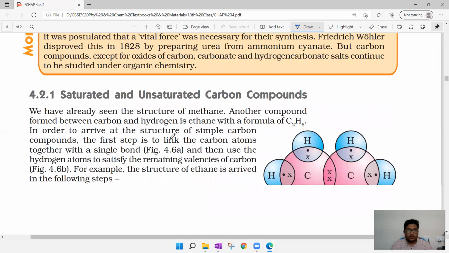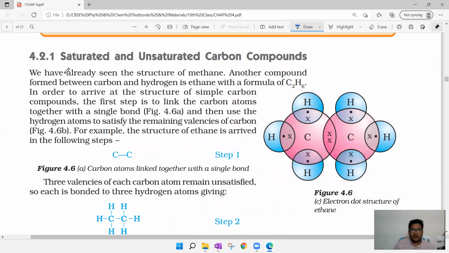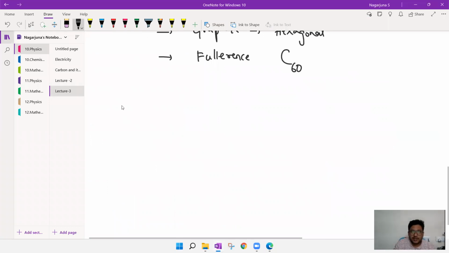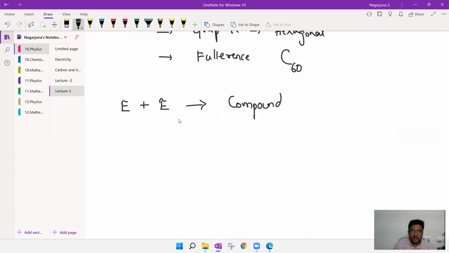Now we have to understand what is meant by saturated and unsaturated carbon compounds. Before that, let us try to understand a few concepts. In 9th class we discussed that if an element is combining with another element, we call it a compound.